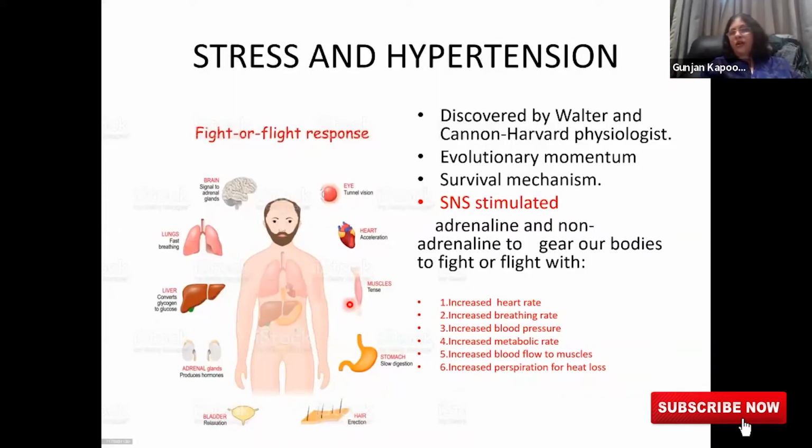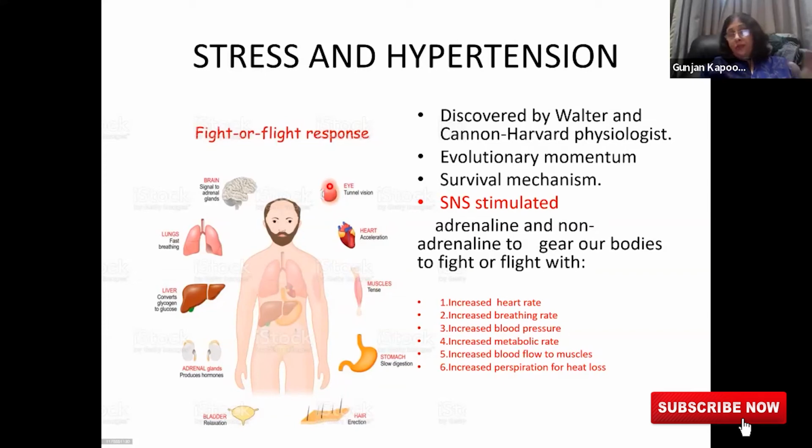Now this is what doctors from Harvard, Dr. Holter and Cannon, described as the fight or flight response. That means whenever there is a stimulus to our brain which signals that there is some threat, your brain gives a message to your adrenal glands, and your adrenal glands start secreting adrenaline and noradrenaline. And this adrenaline and noradrenaline makes glucose in your liver, increases your heart rate and blood pressure, and tenses your muscles.